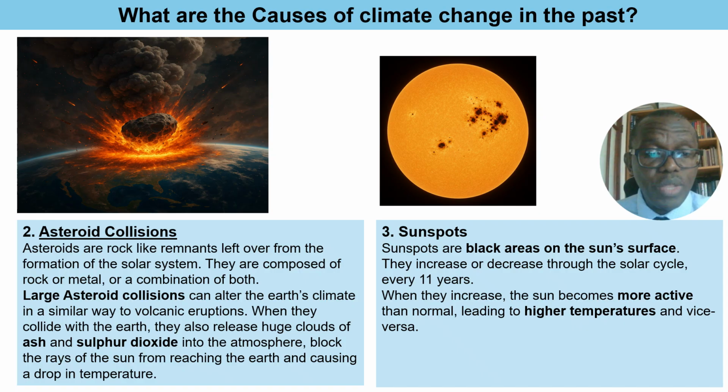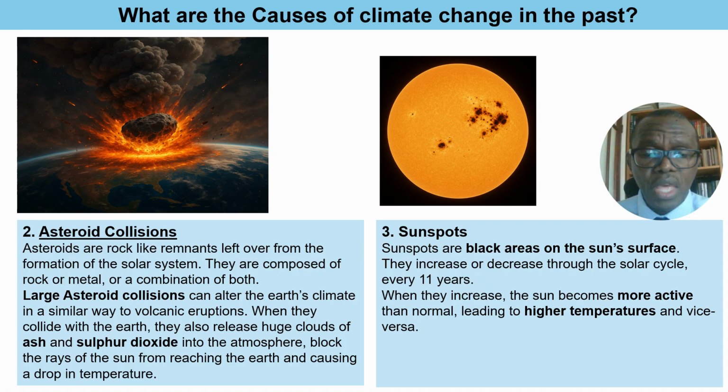When they collide with the Earth, the asteroids also release huge clouds of ash and sulfur dioxide into the atmosphere, blocking the rays of the sun from reaching the Earth, and therefore causing a drop in global temperatures. So again, their effect is similar to that of volcanic eruptions when they collide with the Earth.